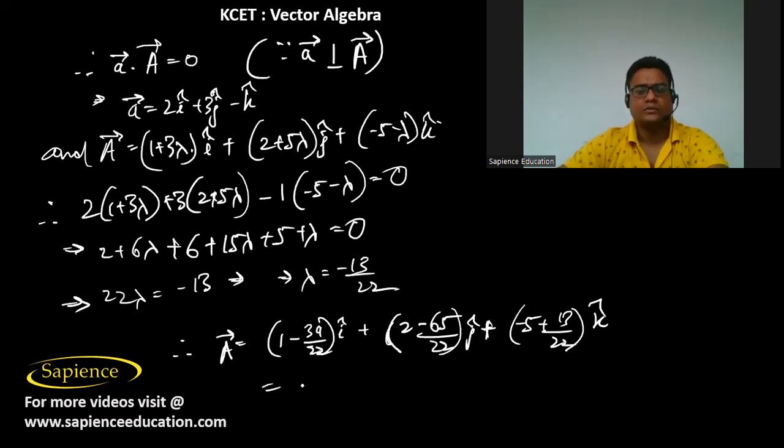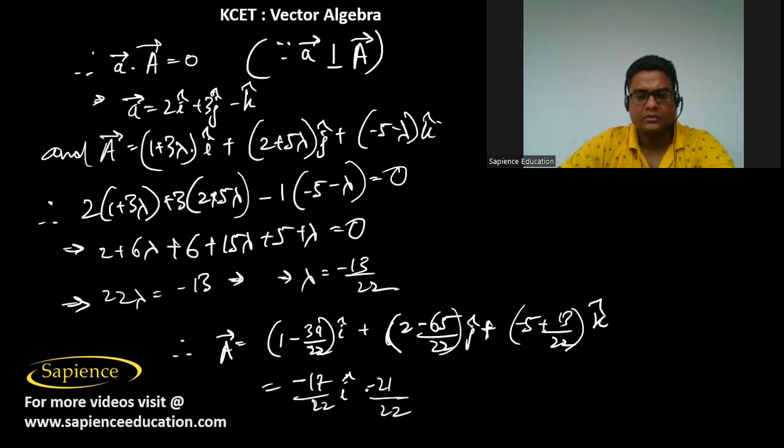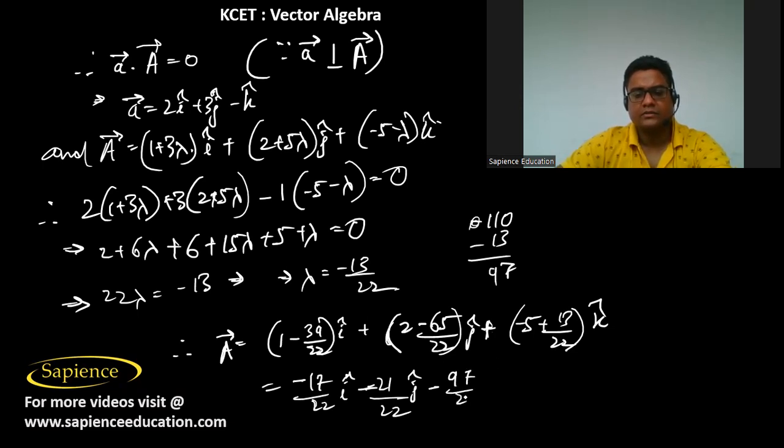So this will be equal to minus 17 by 22 I cap, then minus 21 by 22 j cap, and this will be 110 minus 13, that is 97. So this will be minus 97 by 22 k cap.